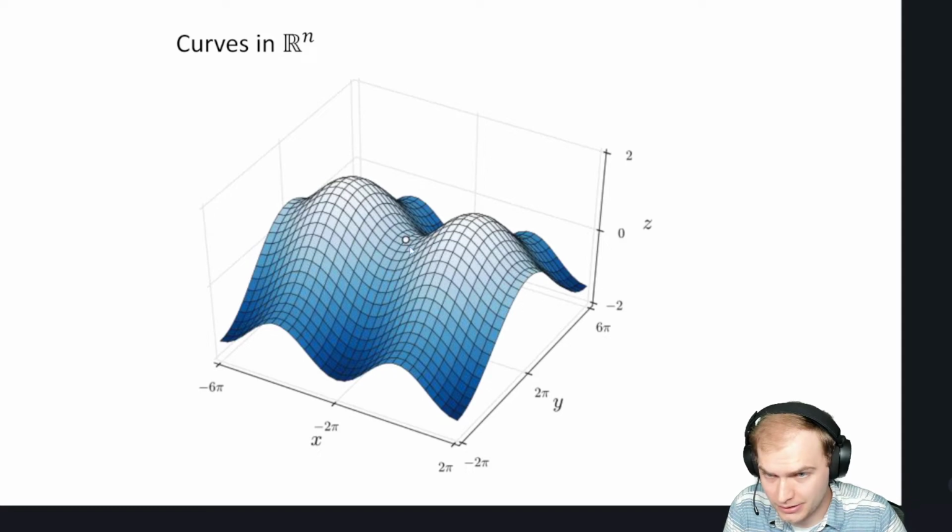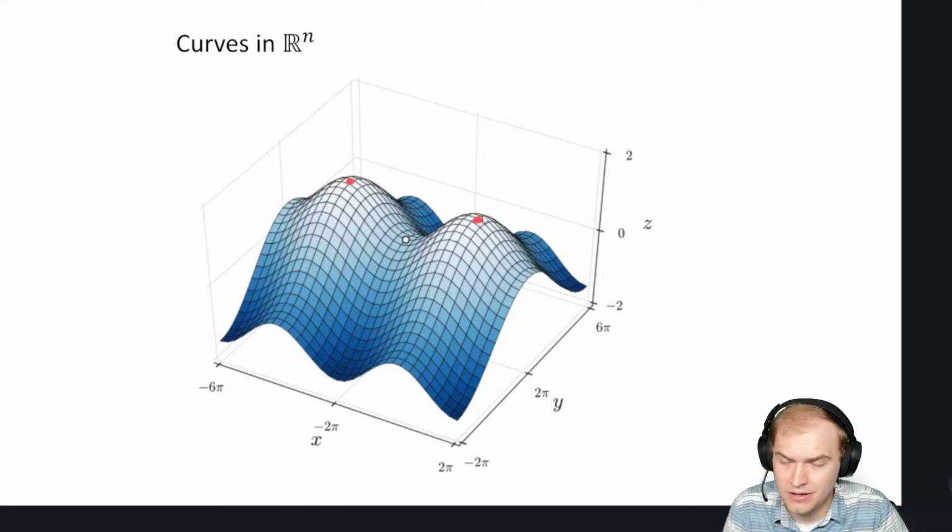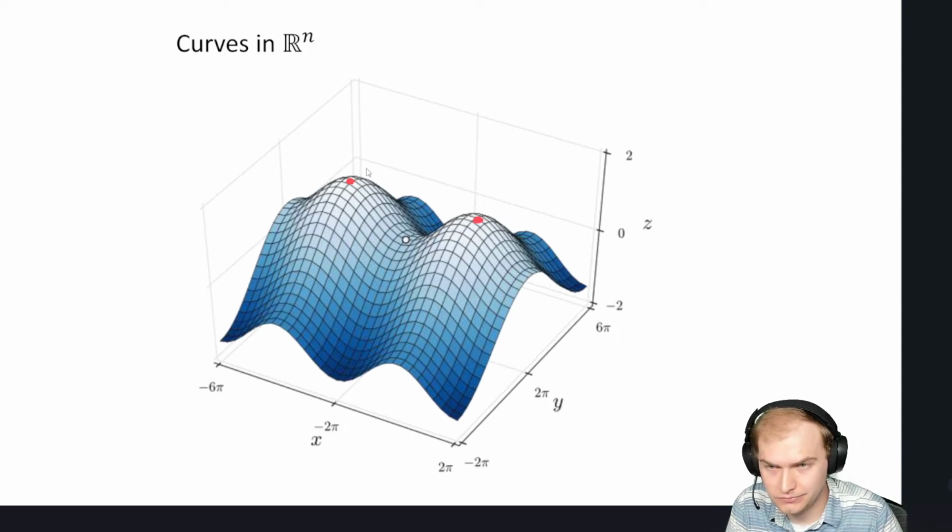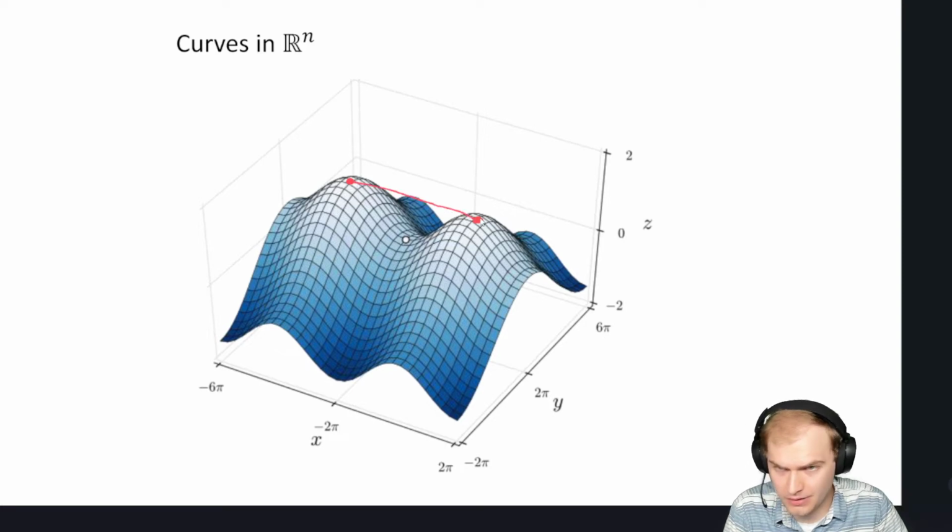Well, let's think about it. Let's pick two points. I'm going to pick maybe the obvious points: the two peaks of this sort of, I think this is some kind of cosine. The two local maxima, and let's draw the line between them. That line is not on the surface of this curve at any point. So no, it's not convex.